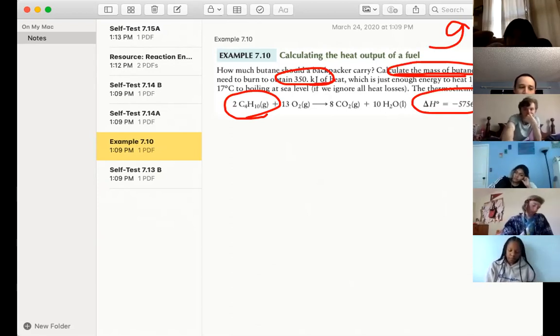So we start with 2 moles of butane. Well, that's how many moles of butane there are in the reaction, but we actually start with 350 kilojoules of heat.